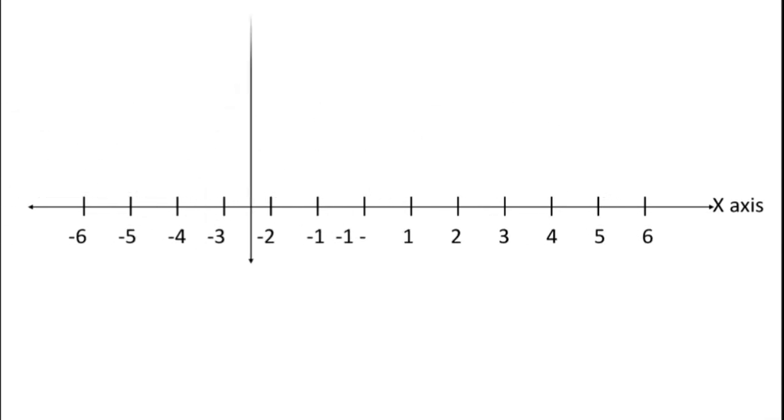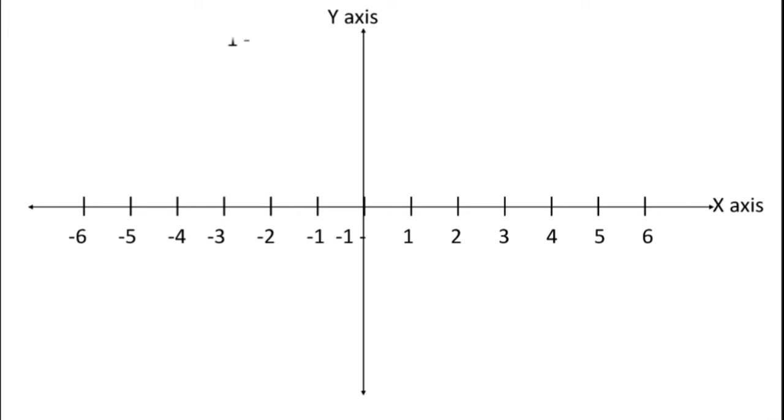Here the x-axis becomes the real axis. We consider it as the x-axis, but we can change this name, it is a real axis. I can take points 0, 1, 2, 3, 4, 5, 6, and at the left side minus 1, minus 2, minus 3, minus 4. This is the y-axis, also called the imaginary axis, and the upper part is positive and the lower part of the y-axis is negative.